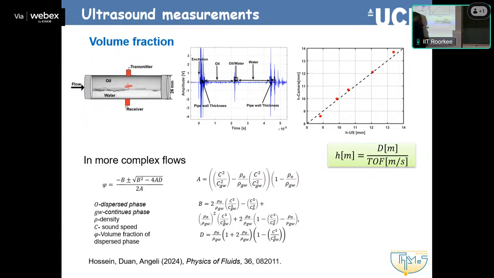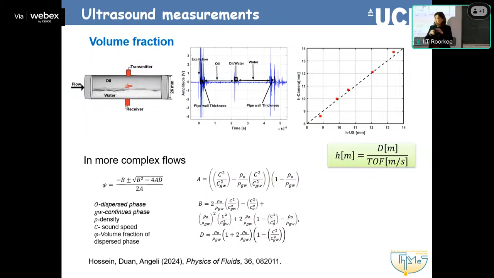If we have one fluid, we can measure the time of flight, how long it takes to go through, and if we know the size of the channel, we can get the speed of sound in that medium. If we now fill the channel with a different fluid, we measure the time of flight again, and if we know the diameter, we get the speed of sound in the other medium.